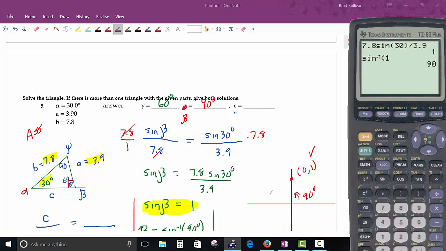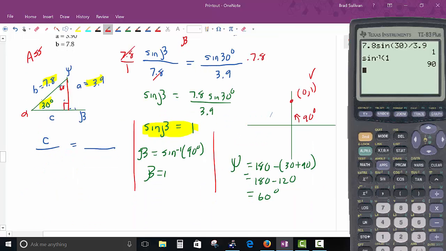I'm sorry. I got my diagram messed up here. So I'm just going to redo this so it looks a little more accurate. Basically we just found that we had a 90-degree angle there and a 60-degree angle there. So gamma is 60. The reason I'm confused is I'm used to gamma being 90.